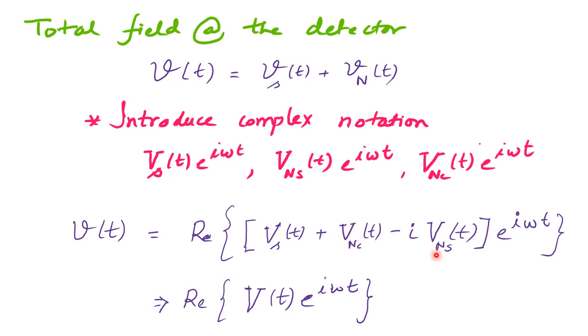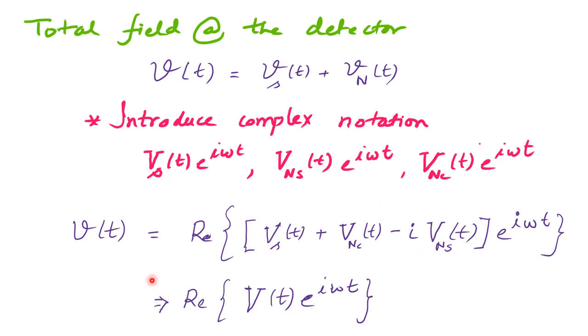Whereas if you look at the in quadrature part, remember this was supposed to be Vns sine omega t, and you will clearly see how we have gone about it, because you see that Vns exponential I omega t, its real part is going to be cosine, and its imaginary part is I times sine omega t. So I'm multiplying by minus I to make sure that this gives me the sine omega t that we talked about in my previous slide, right?